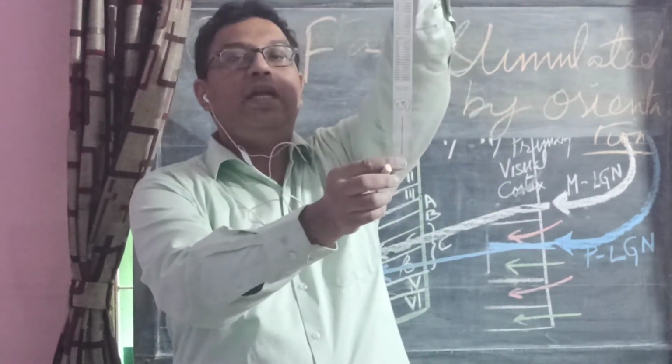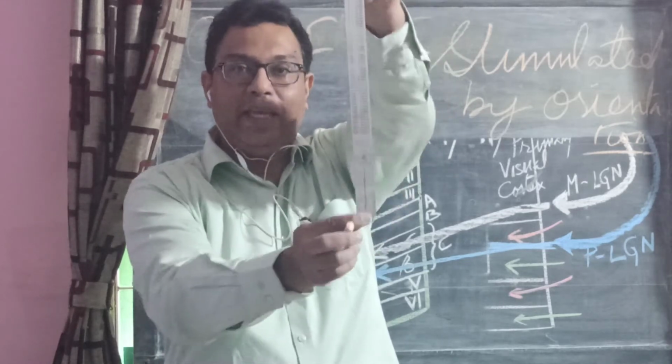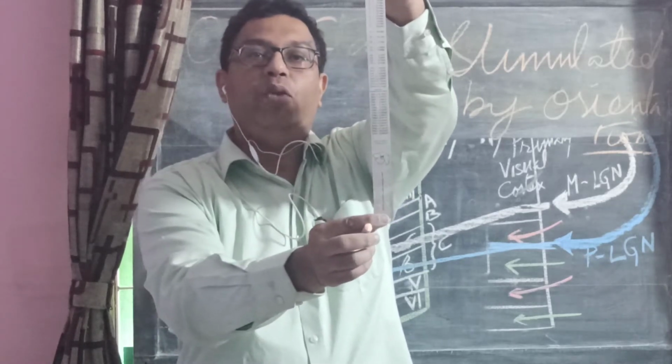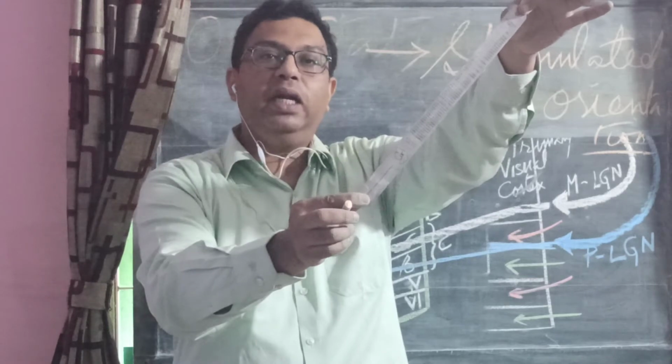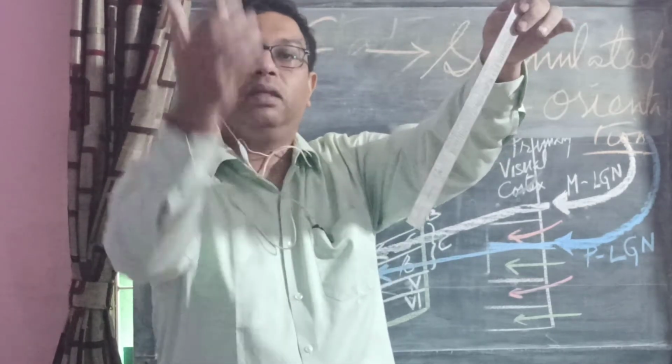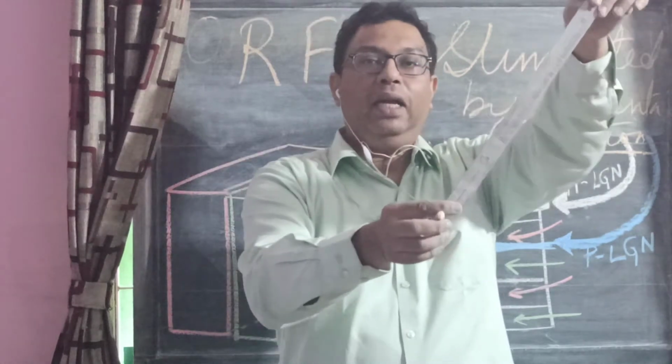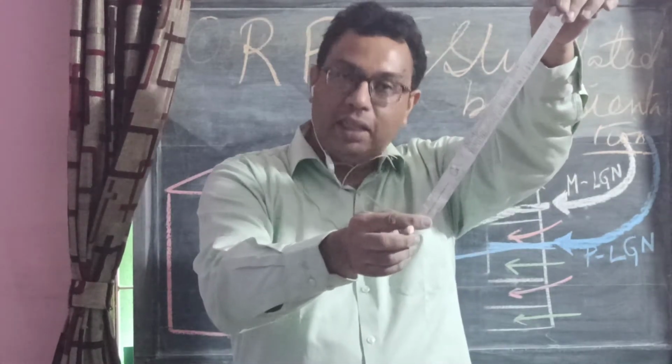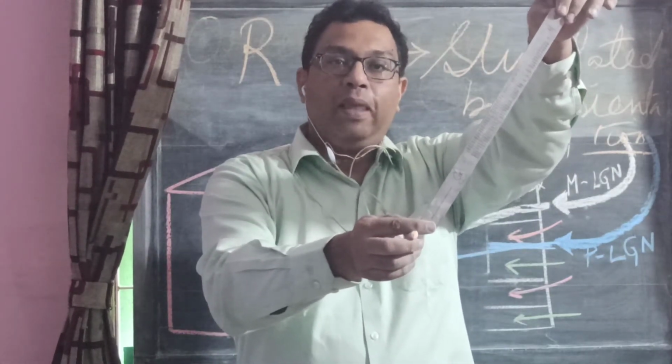Suppose the orientation of light is like this. Some cells will be stimulated. Some cells will only be stimulated if the orientation of light coming from the receptors, through the ganglion cells and the lateral geniculate body, is like this.